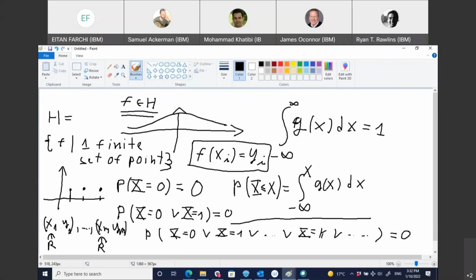I learn something about f only when I see a specific point in which f is 1. Because I know that f is of the form of ones on a finite set of points, I need to know which points are 1. Now, if I get points in which f is 0, I didn't learn anything about f.